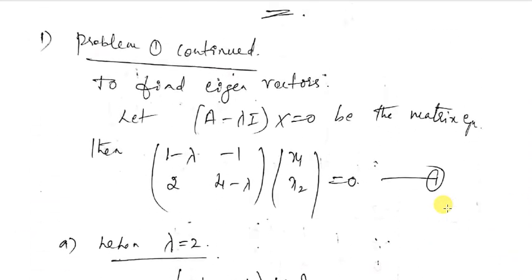Here I have continued problem 1. So we have got eigenvalues as lambda is equal to 2 and lambda is equal to 3. So let me find the eigenvectors.